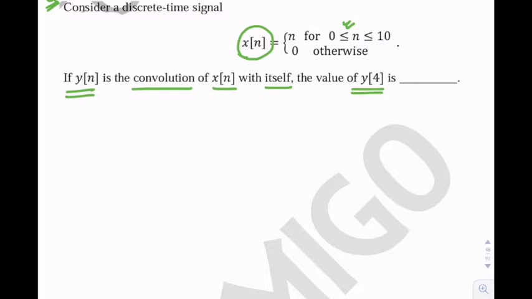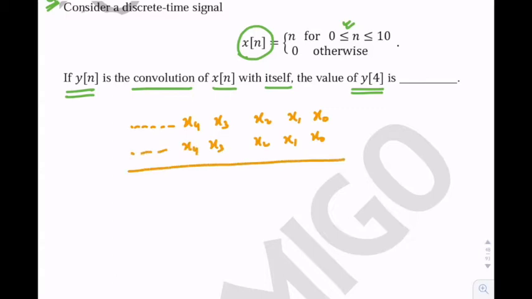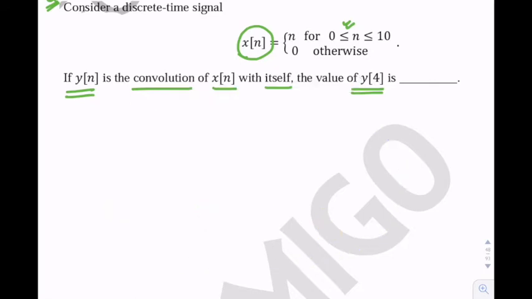So we will write x0, x1, x2, x3, x4 and so on, and then we will multiply these terms. The first term will give me y0, the second term will give me y1, y2, y3, y4 and so on. So we have seen the method. I will just write the solution.